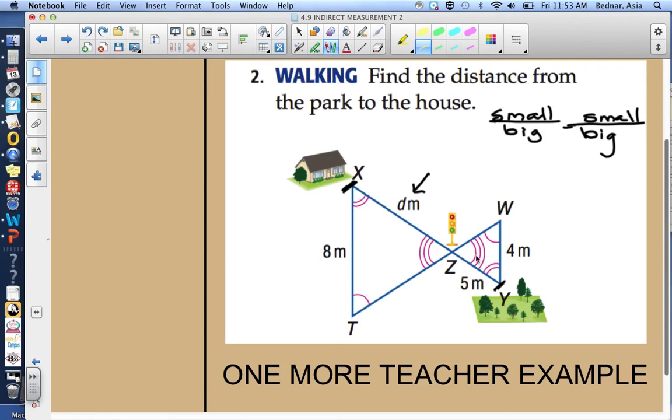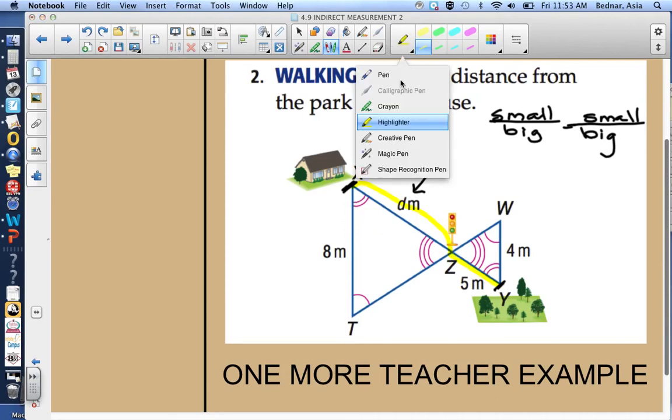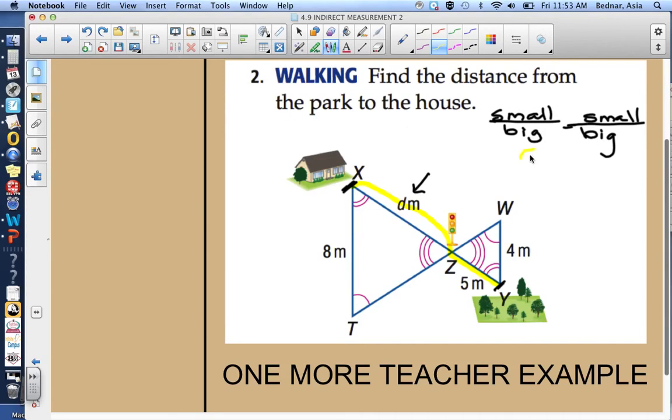So let's look down here. 3 dashes to 2 dashes. Oh, that's 5. So 5 on the small and D on the big. Those are corresponding sides. So I'm going to write that down just so I don't forget. 5 on the small is with D on the big.